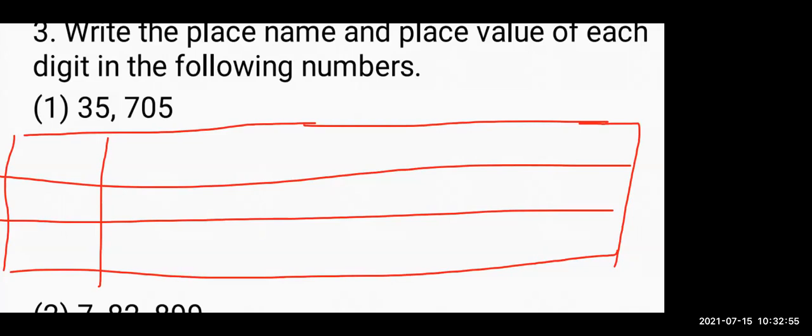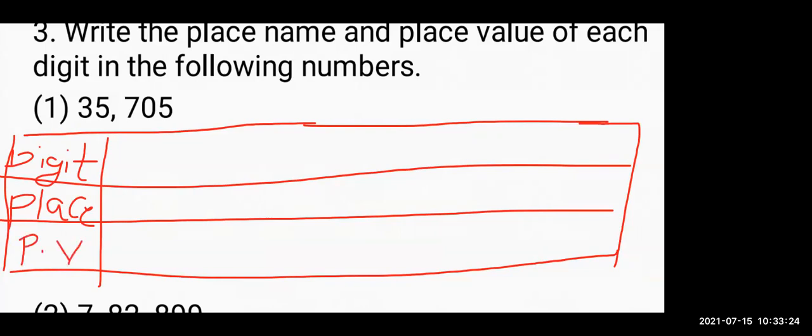In the first column, I will write the digit, D-I-G-I-T. Now in the second column, very nice, I will write place. Now in the third column, what should I write over there? Very nice. I should write the place value.